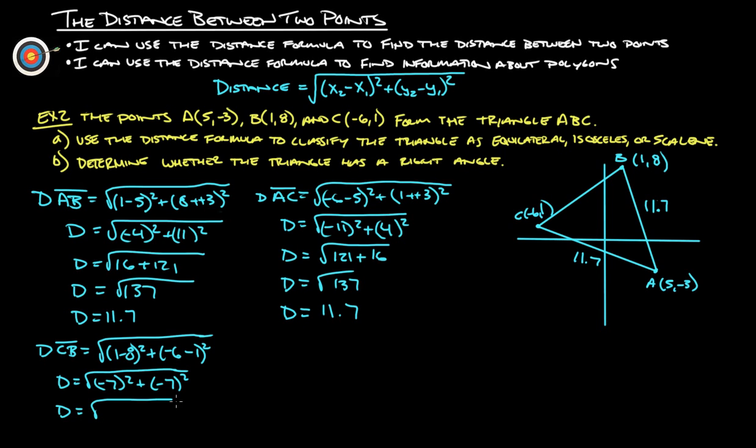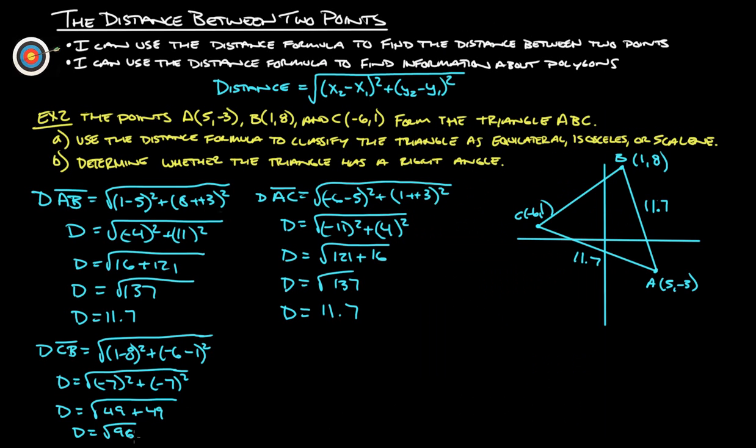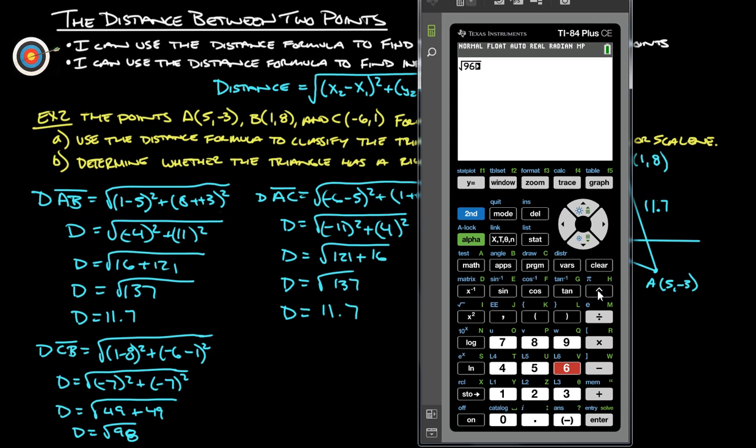So that is, let's see, 49 and 49, so that distance is going to be the square root of 98. Sorry, not 96, 98.